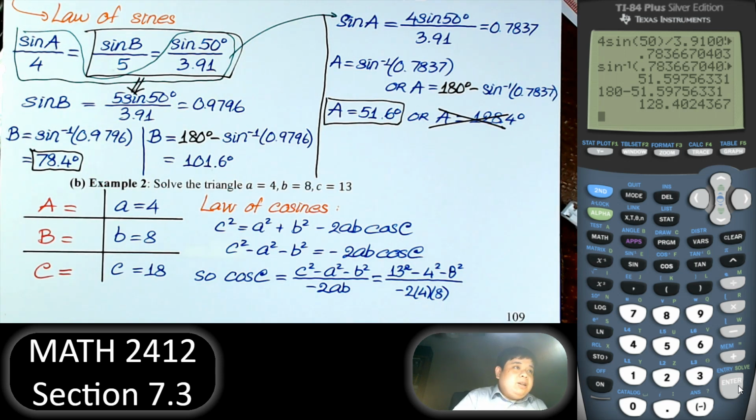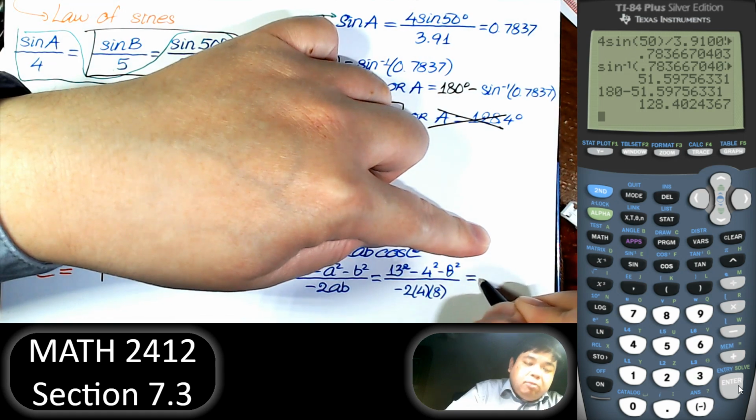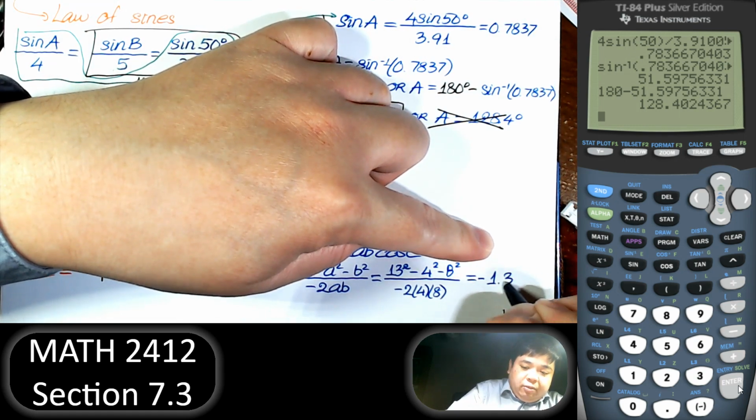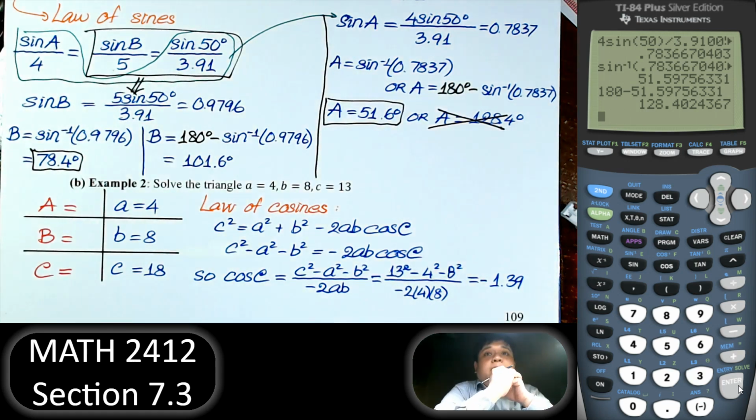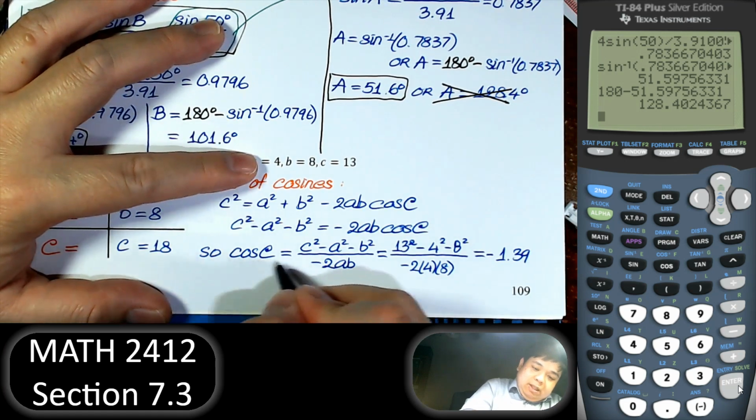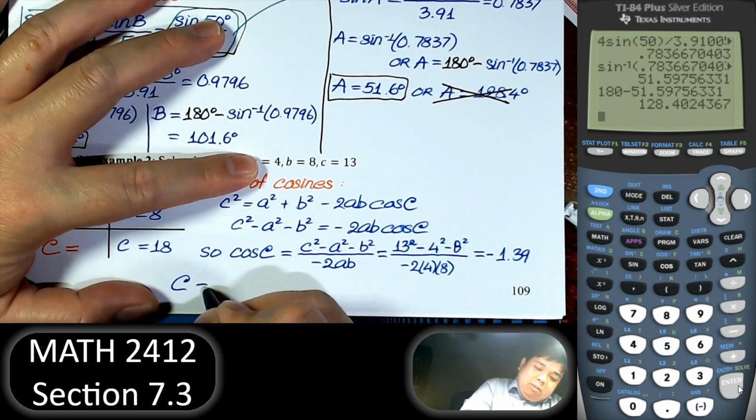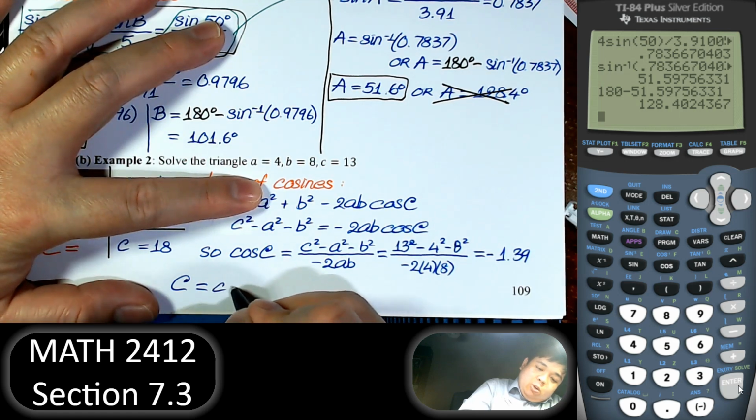On the top, 13 squared minus 4 squared minus 8 squared, divided by negative 2 times 4 times 8. Right, this is negative 1.39, right? And then for cosine, to get back to the angle, remember we have the cosine inverse, right?